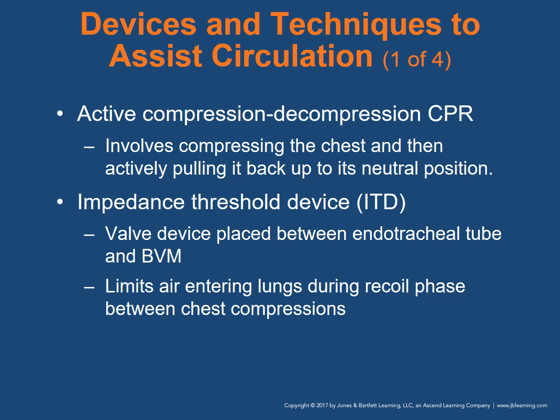None of that air is going to be able to escape through the mouth and nose. None of that air is going to be able to move into the esophagus, which can cause gastric distension, which is really dangerous during a code type situation.